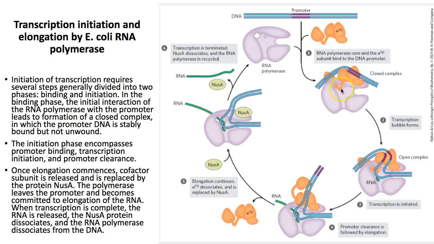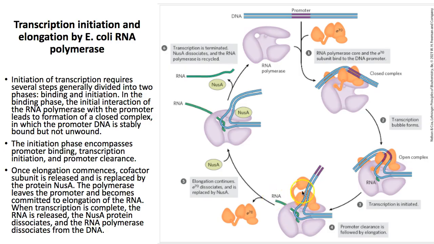Both of them make a complex with the RNA polymerase, which is a closed complex, and then a transcription bubble forms, where that complex is now open and starts generating the transcript for making RNA.